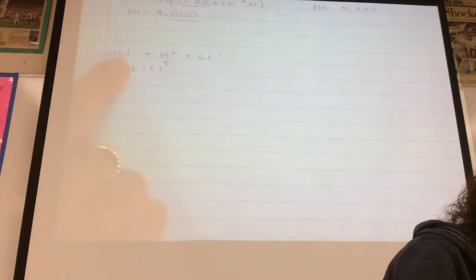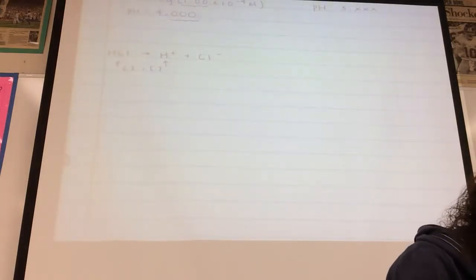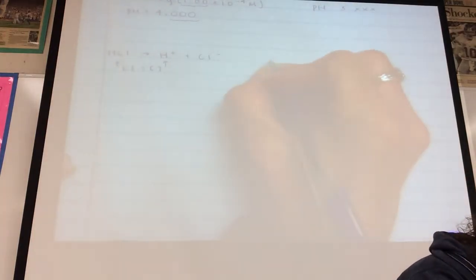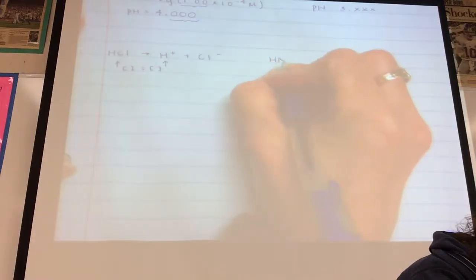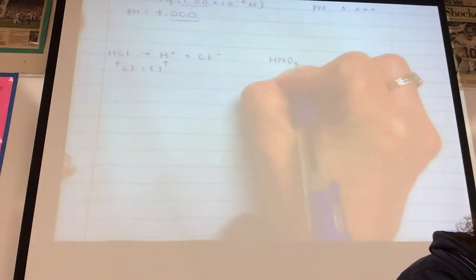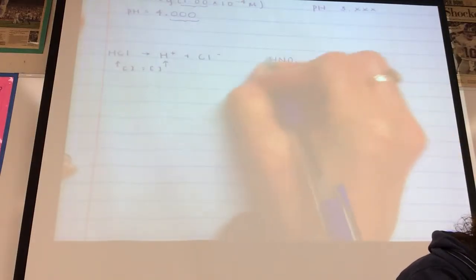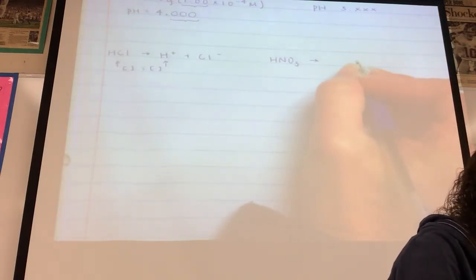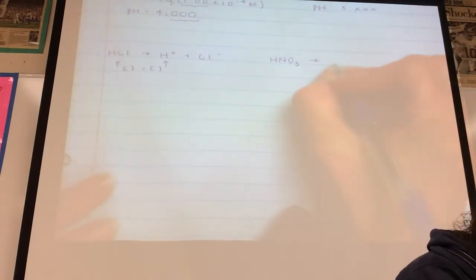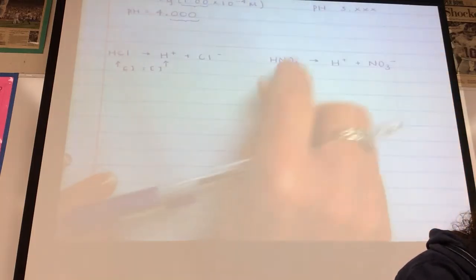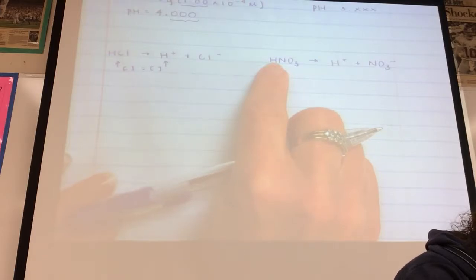So if you're given the concentration of hydrochloric acid, that will be the concentration of proton, and you can get the pH by doing negative log of that concentration. This is the case for every strong acid except sulfuric acid. If you look at nitric acid, and next week you're going to learn how to name the acids, this acid also ionizes completely. It's a monoprotic acid. It has 1 ionizable proton.